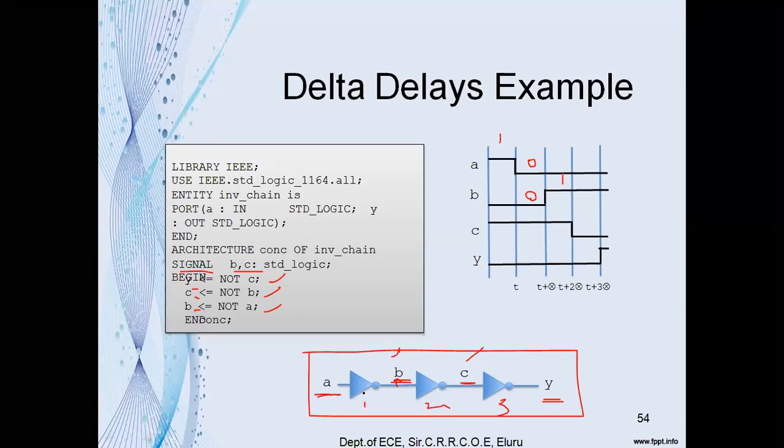B is the output of the NOT gate, A is the input of the NOT gate. So A is 1, B is 0. B is 0, C is 1. C is 1, Y is 0. అంతే కదా. ఇప్పుడు A కాంప్లిమెంట్ అవుతుంది, B అగైన్ కాంప్లిమెంట్ అవుతుంది, C ఏమవుతుంది, అండ్ ఇట్ విల్ గెట్ కాంప్లిమెంట్.